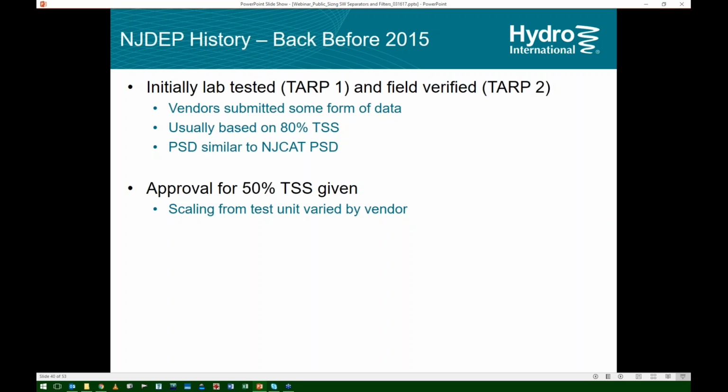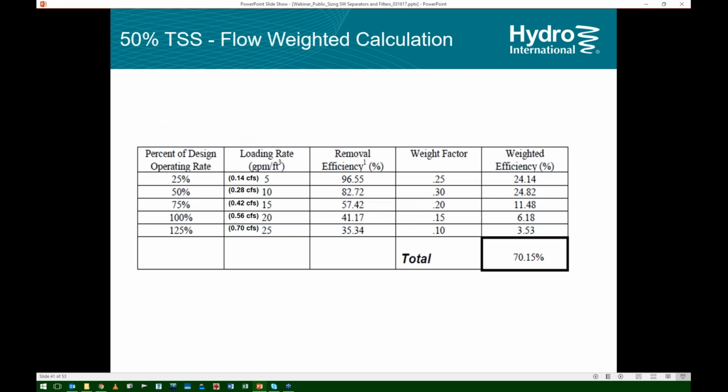No matter what you did, you got approved for 50% TSS. So even if you removed 80, for a separator you got approved for 50. If it was a filter, you got approved for 80%. So initially, when it first started, vendors submitted data that they already had, test data that was close enough to the protocols, in the hope that they wouldn't have to redo all the testing and go through the cost.